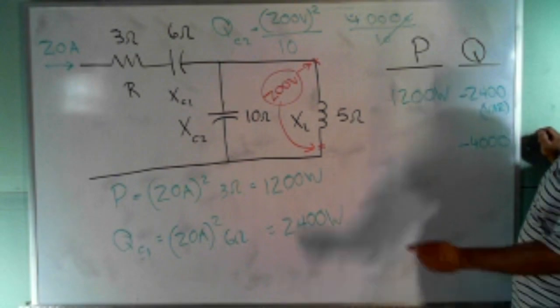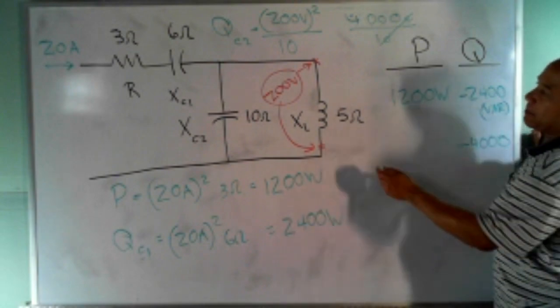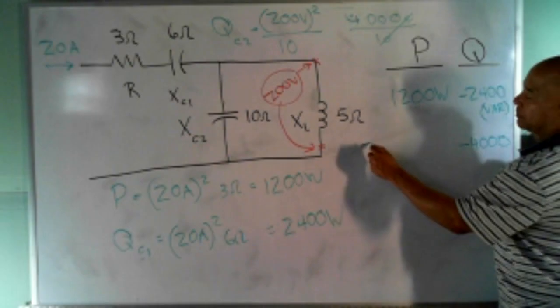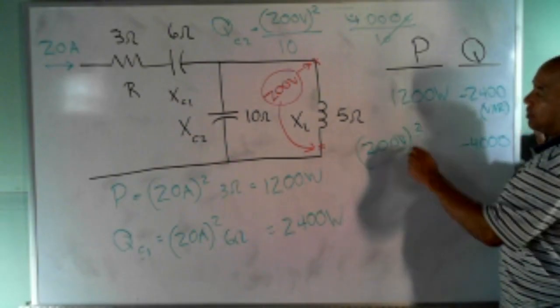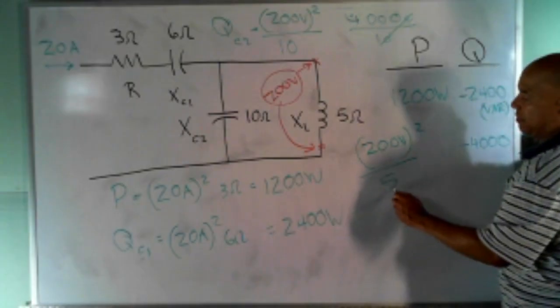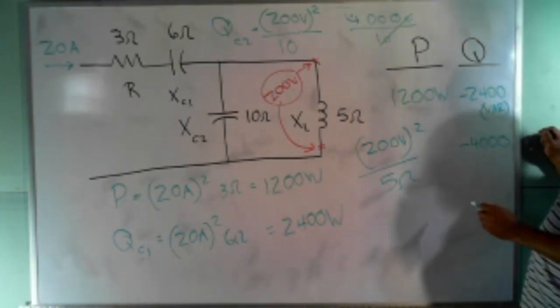All right. And then the last one, 200 squared on 5. How much is that?